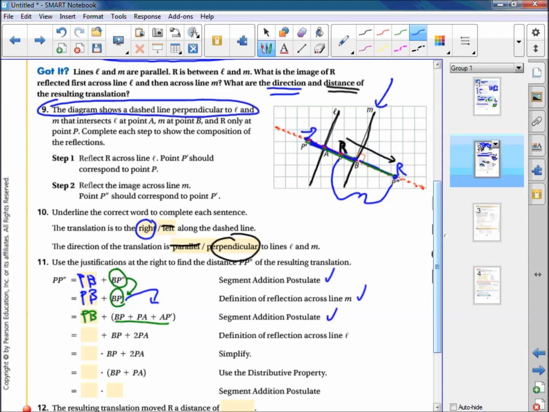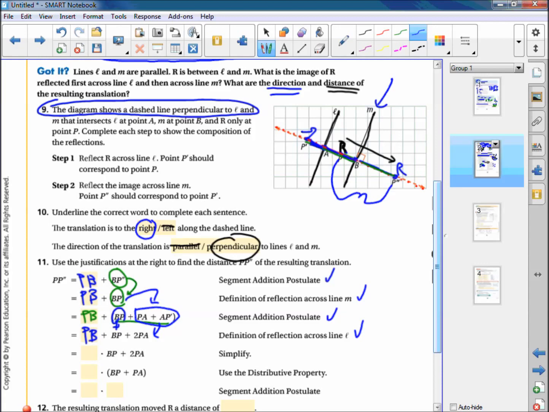All right. Now, we keep bringing down that PB. But now we're going to do something in here. We're going to bring down this BP, put it right there. But these two guys are going to turn into this. Well, how does that work? All right, so A and P prime are exactly the same length because they are the same distance from line L. That's what our line of reflection told us to do.